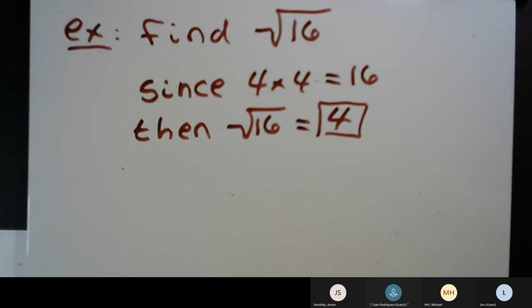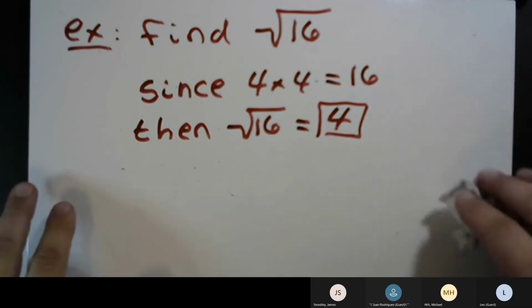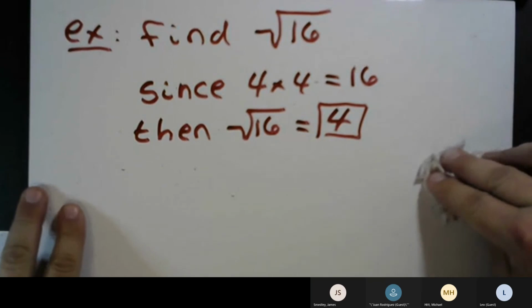Now, there is a little warning I'm going to put here. There's something I'm sort of deliberately leaving out, and it has to do with negative numbers. And I'll explain why.